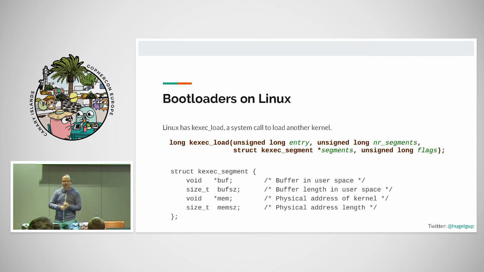It's called kexec. And you can kexec load a bunch of segments with an entry point. Right, so you specify, here's a bunch of buffers that I want you to copy, and I want you to put them at these physical addresses. And then you say, once you're done with that, please jump to this entry point to start the new kernel.